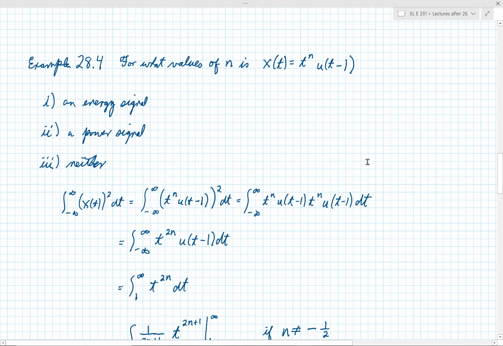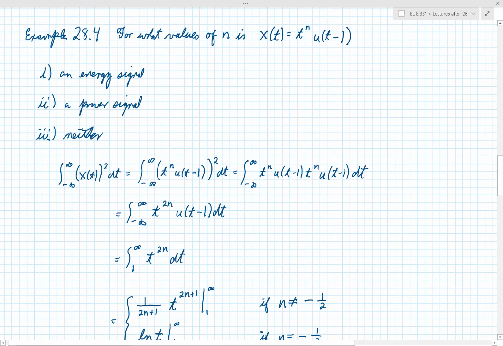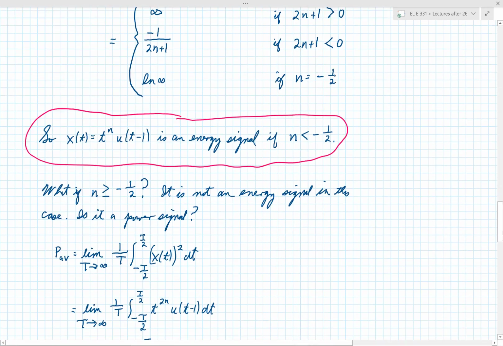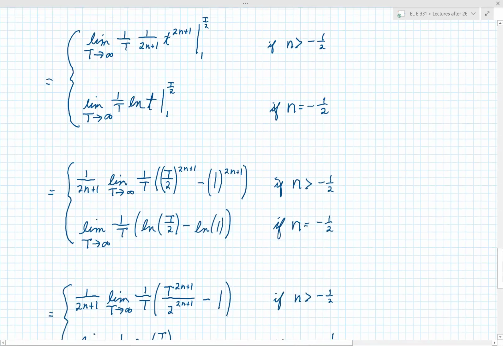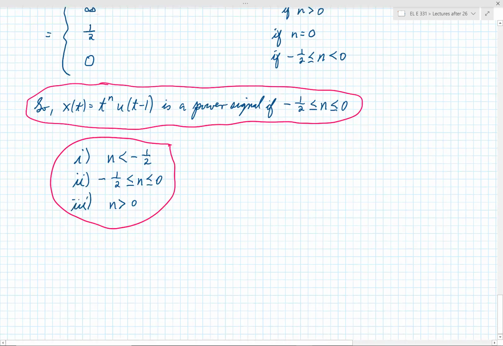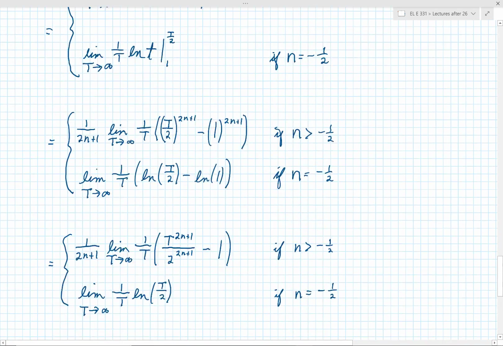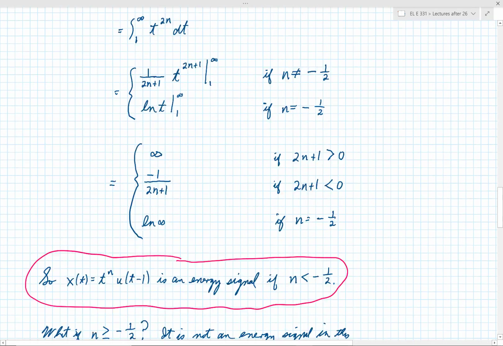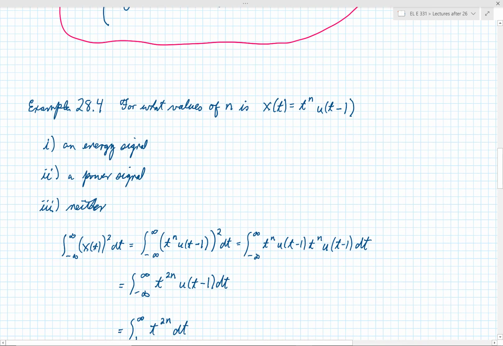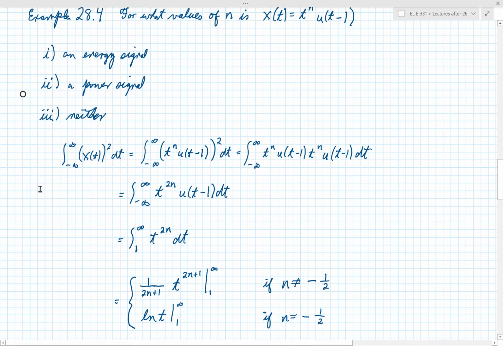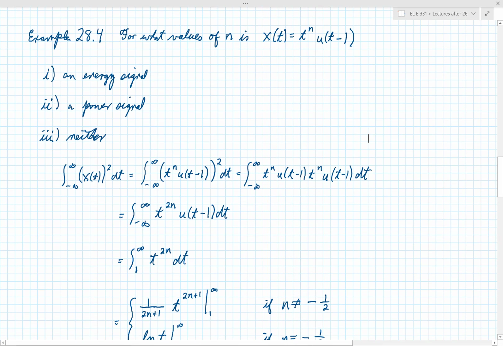Now let's go to another example. Yes, this is our last example, but this one is a little bit longer. Okay, so our last example for this test is the following.